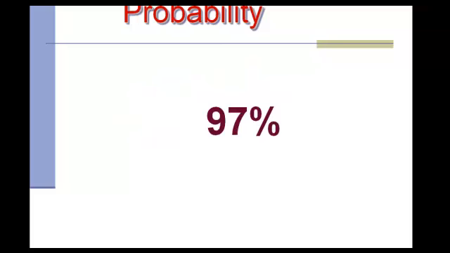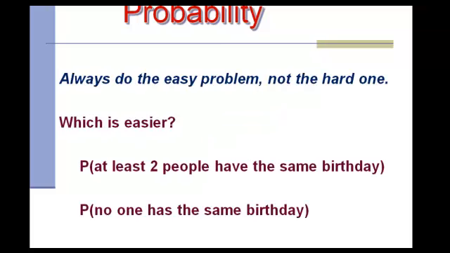Well, the reality is there is a 97% chance that at least 2 people in a room of 50 persons will have the same birthday. So sometimes probability can fool us a bit and not be quite as logical as we might think.